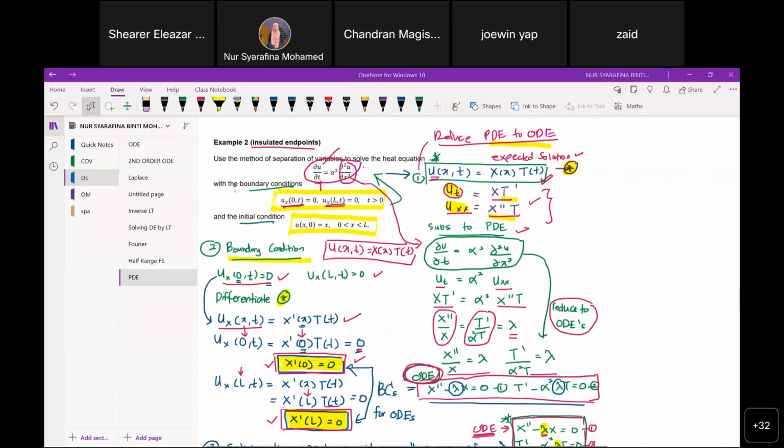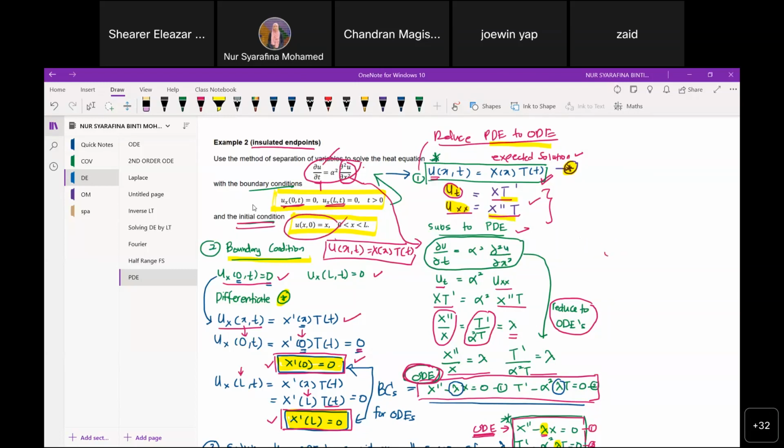We have condition u(L,t). Those are the boundary conditions, and we have changed them to the boundary conditions used for the ODE. But now we have done with finding u(x,t). And there are initial conditions given, where u(x,0) equals f(x). We have our u(x,t).